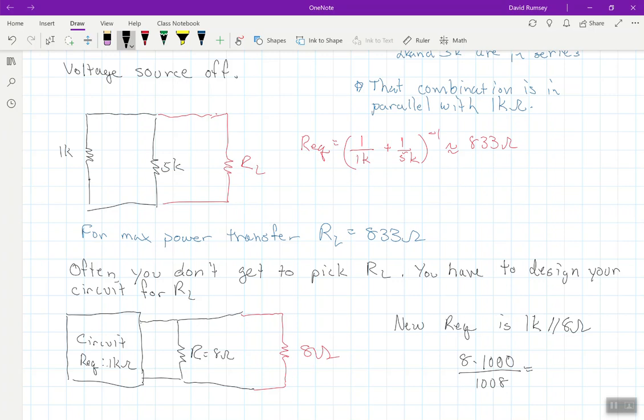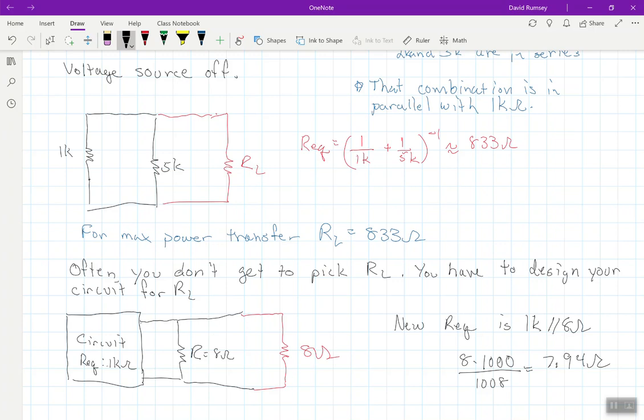If you do that, you get 7.94 ohms for the new Req, which is now really close, within tolerance, quite frankly, of the 8 ohm speaker.